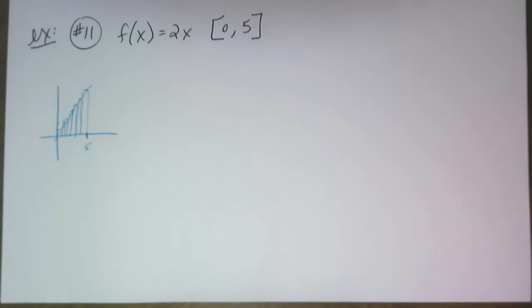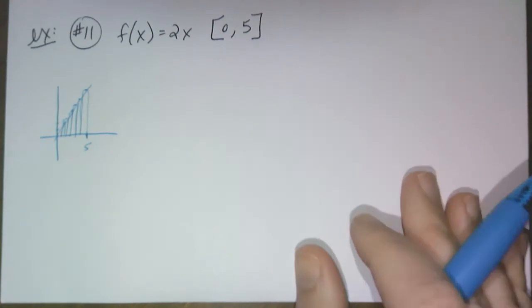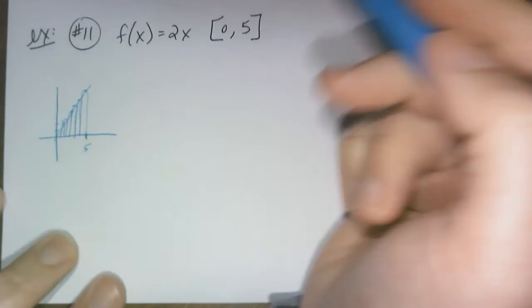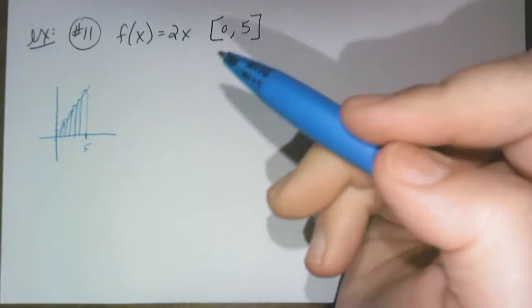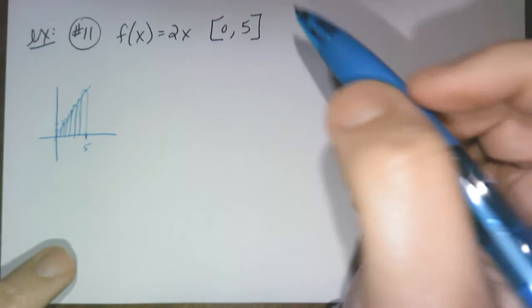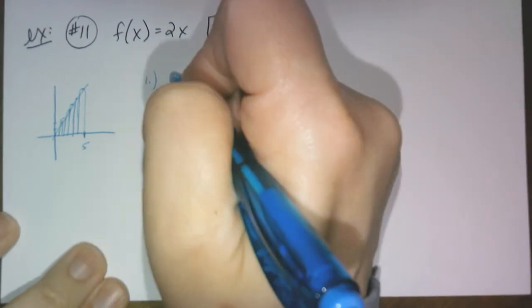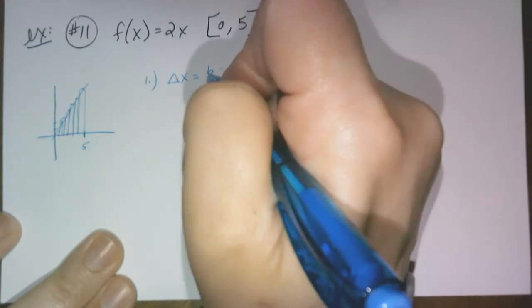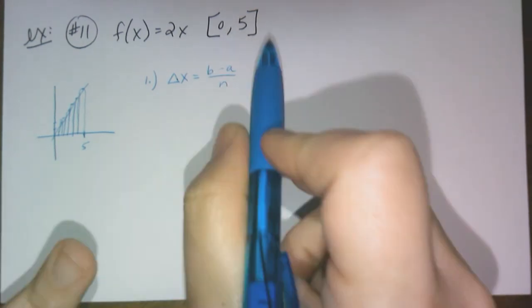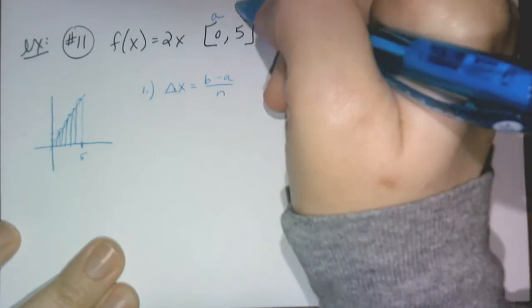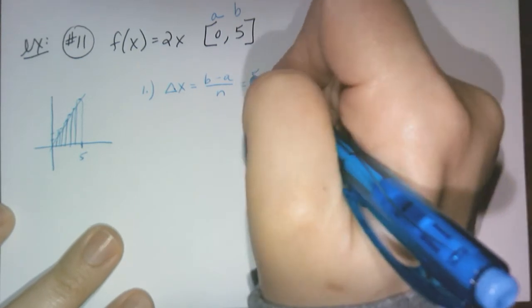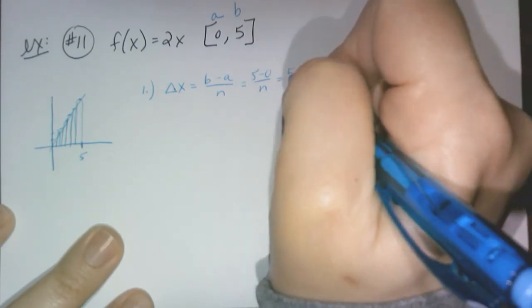Okay? Well, again, the formula says that we take the limit of these rectangle areas. So first, step number 1, you're going to find delta x. And delta x is b minus a over n, where a and b are the interval endpoints. So a is 0, b is 5. That's pretty easy: 5 minus 0 over n, or 5 over n.